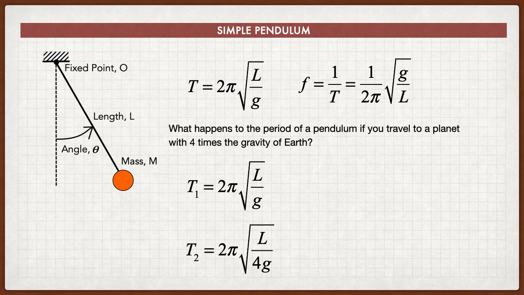There's an extra 1 over 4 inside the square root. Again, move the 1 over 4 into its own apartment and take the square root. The period on this new planet is half of what it was on Earth.